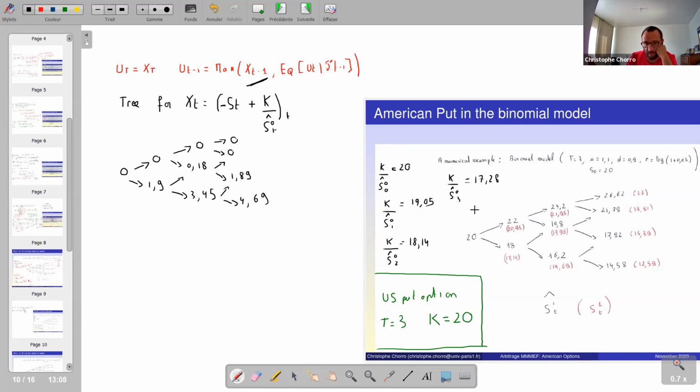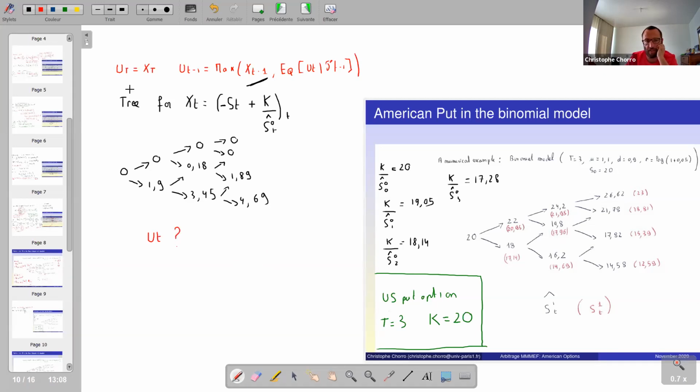I repeat, ST is given by the tree in red here, and all these ones are given by the numerical value I have given to you here. So I obtain 0, 0, 1.989, 4.69, and these quantities for time that are strictly less than 3. What I want to obtain is UT.